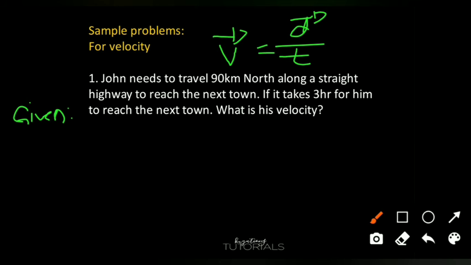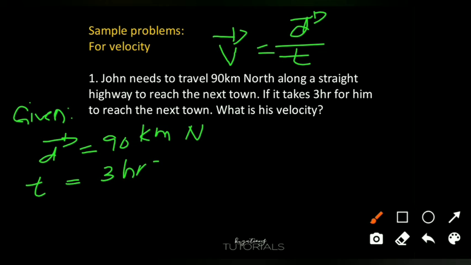Okay? So atong i-determine o sa given. Same ra nga process. So atong given we have 90 kilometers north. So that is with direction, kilometers. So that is distance with an arrow. Okay, of course na may north, no? So 90 kilometers north. No. Then we have 3 hours, which is time. Diba? So 3 hours time.